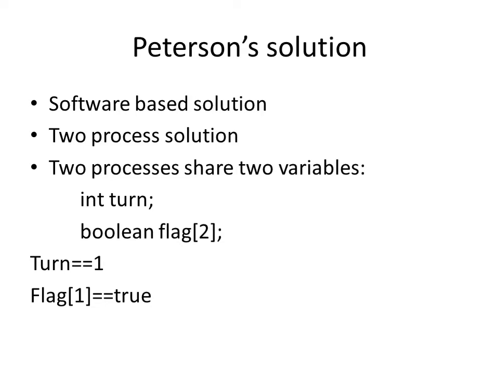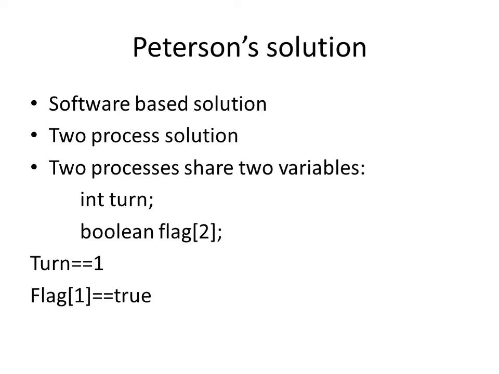If turn equals 0, then process P0 is allowed to execute or enter its critical section. If turn equals 1, then process P1 is allowed to execute its critical section.